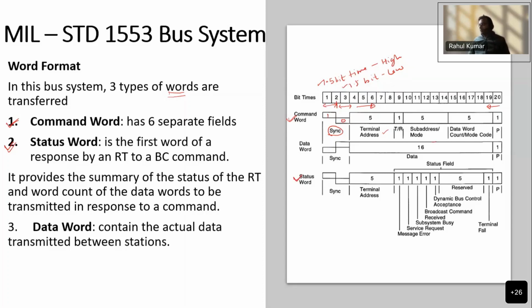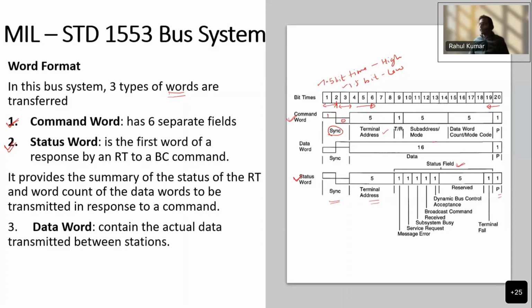So your status word also has the information about the data word, that is, the number of bits in the data which is to be transmitted. And also it has 4 fields. So you have the synchronous bit, and then you have the terminal address, and you have the status field, and a parity bit.